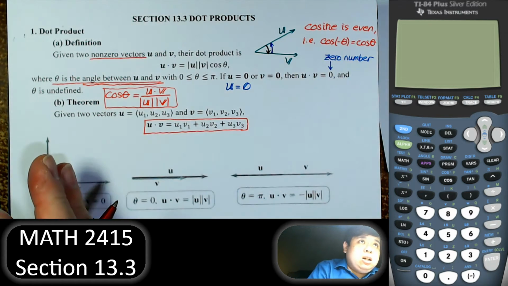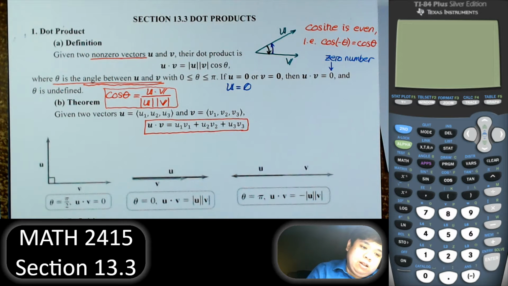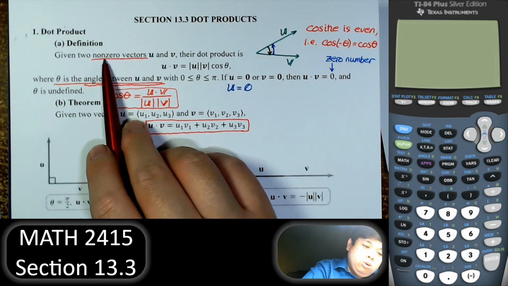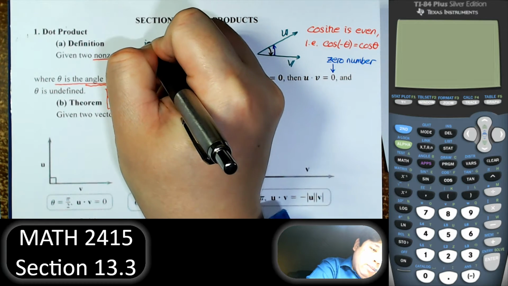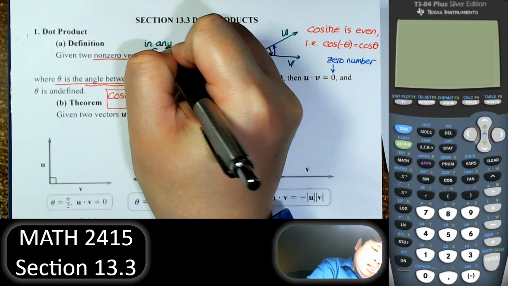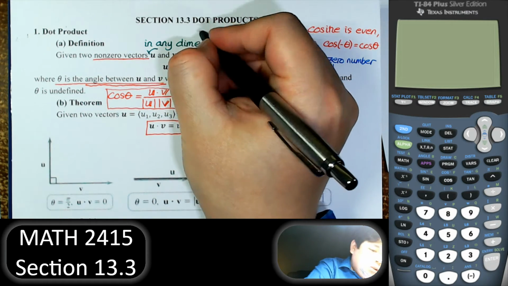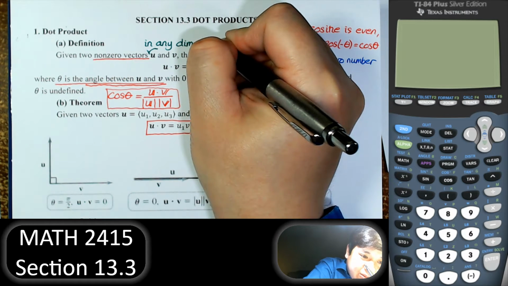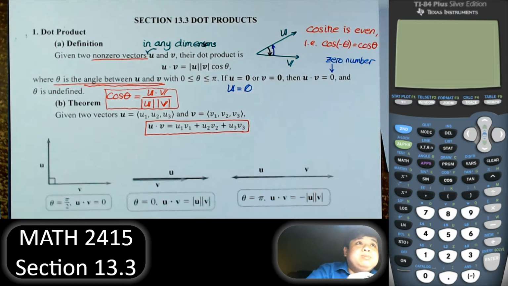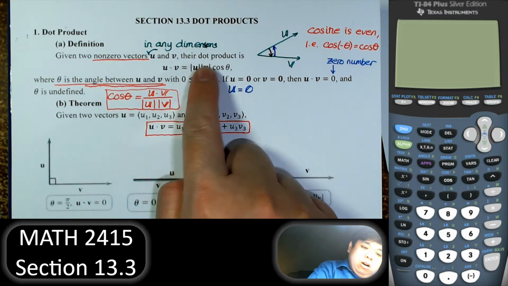So the dot product is defined for vectors in any dimension, 2, 3, or even higher. So that's one thing, and the dot product is equal to this.